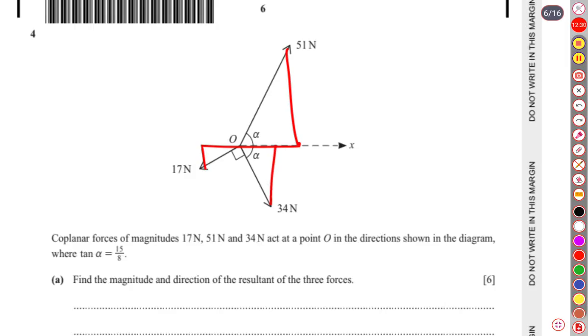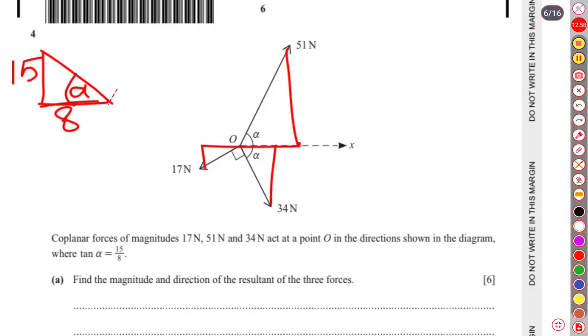Then there is one more information given here, which is tan alpha is 15 over 8. So if it is a triangle, angle is alpha, this is alpha, and tan alpha is, we know, opposite over adjacent. Opposite is 15 and adjacent is 8. Now we require hypotenuse. How can we find hypotenuse?